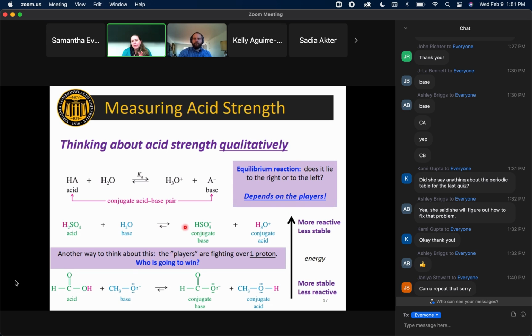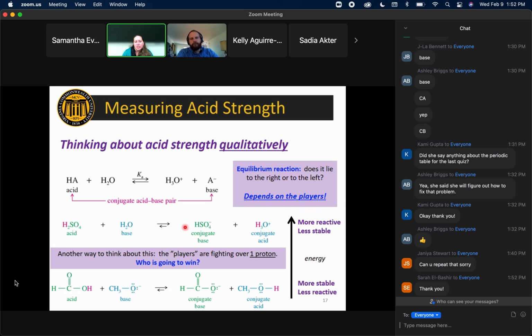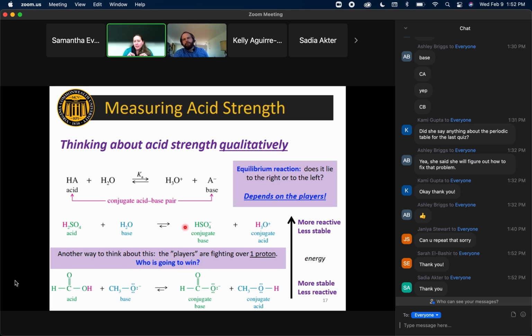In the back of every chapter, it has, I think it's called problem solving skills or something like that. It breaks down the skills that at least the authors of the book think you should know for that chapter. And then next to that skill, it tells you problems from that back set that relate specifically to that skill. So in chapter 1, if you wanted to practice finding resonance structures, you could look in the back of the book, find where it says resonance, and then look to those questions. Did that help?